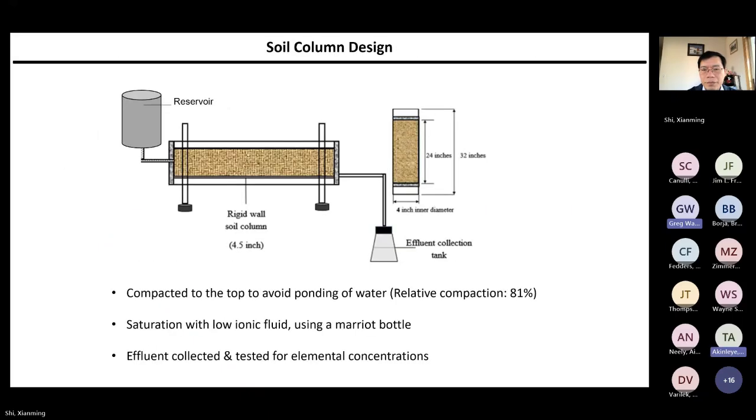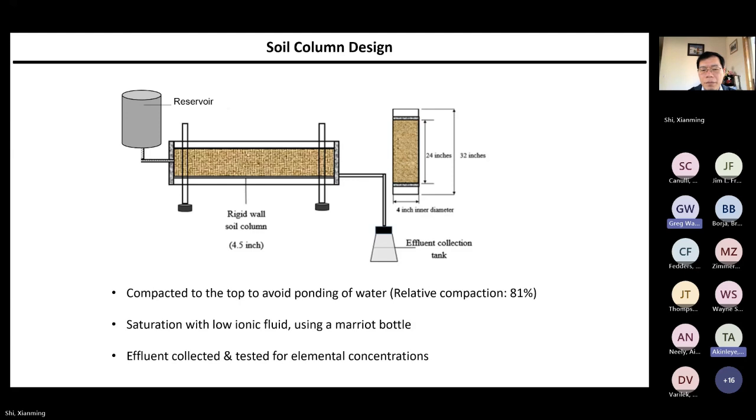Yes, so to carry out our experiment, we actually did two variations of soil column. One is to run our solute, our salt brine, in the vertical orientation, which is a vertical soil column. And then we also try to use the horizontal orientation, which is the horizontal soil column.